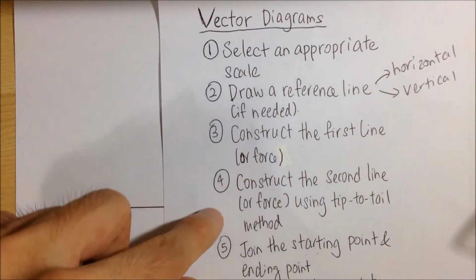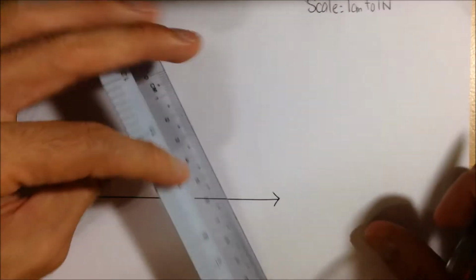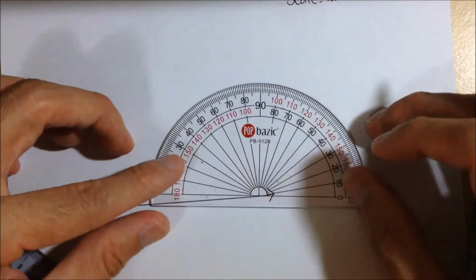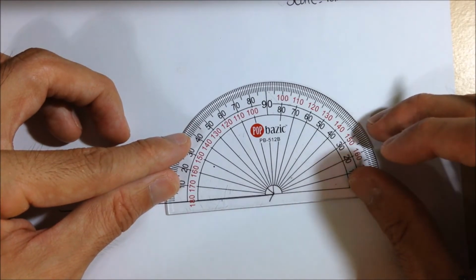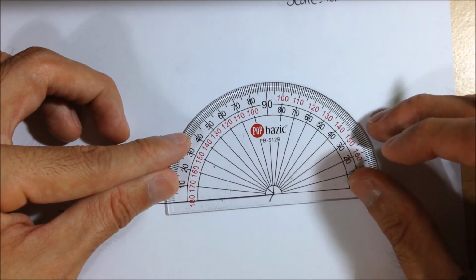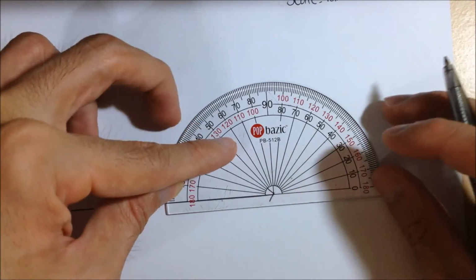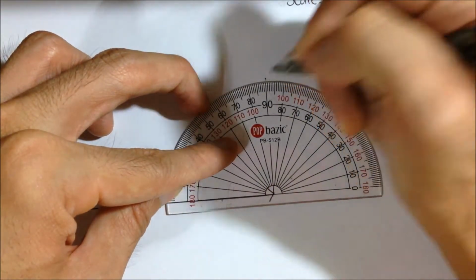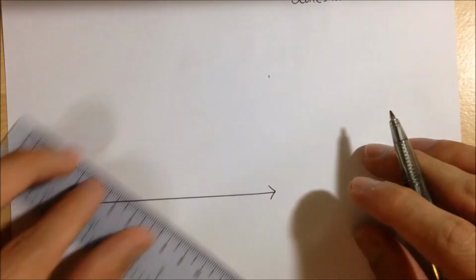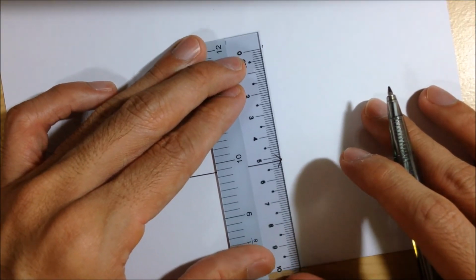So we construct the first line, and then we construct the second line using the tip to tail method. So the second line will be 90 degrees from the 10 Newton force, which I will mark out now. Then after that, I will draw the 5 cm to represent the 5 Newton.